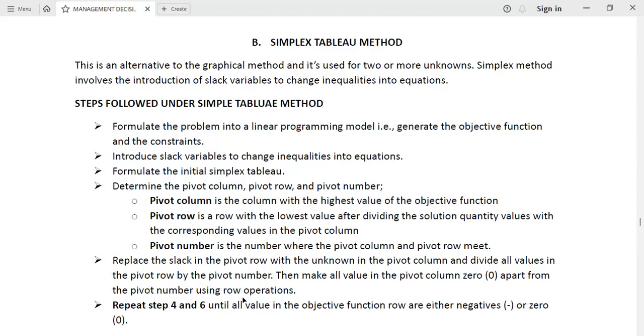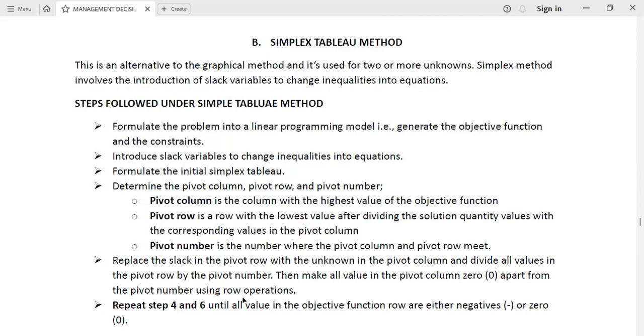After dividing, we pick the one which has given us the lowest result. In other words, after dividing, you get that value that is smallest from those solution quantitative values.